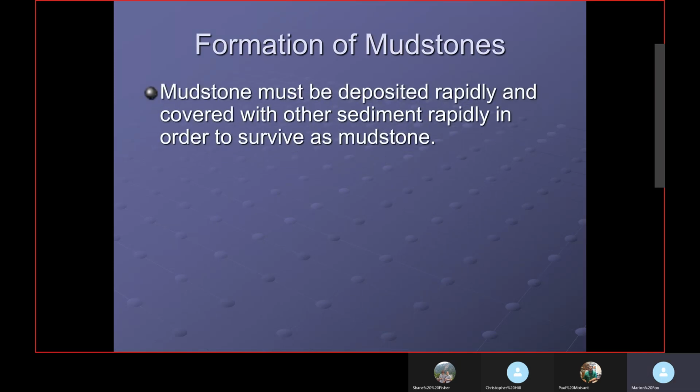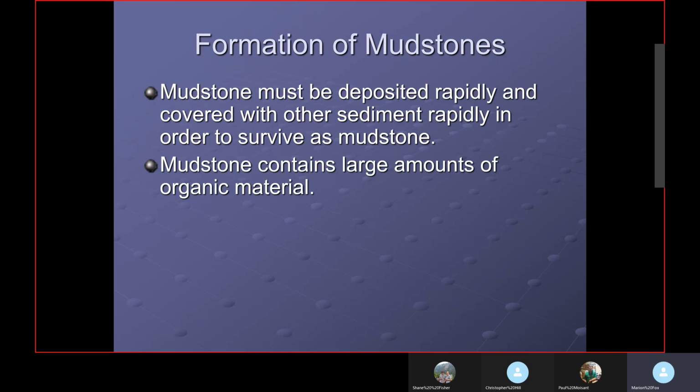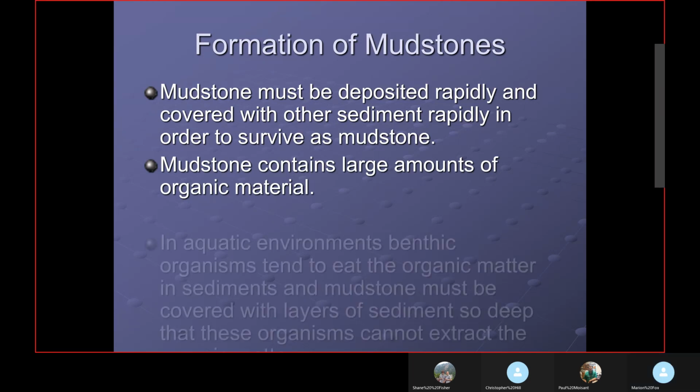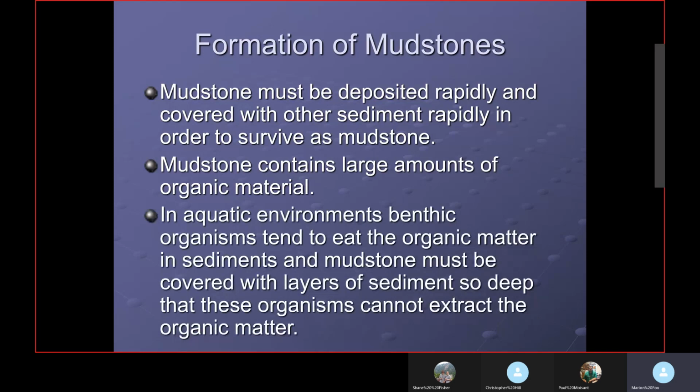Mudstone must be deposited rapidly and covered with other sediment rapidly in order to survive as mudstone. Now, the reason that's the case is because mudstone contains large amounts of organic material. In aquatic environments, organisms that bore into the sediment tend to eat the organic matter.